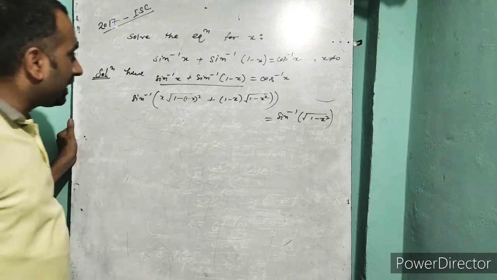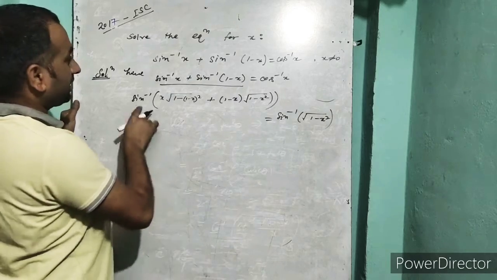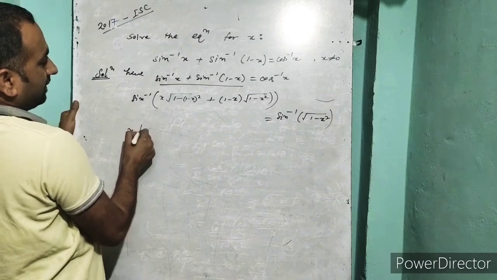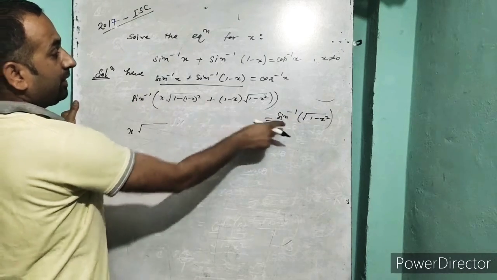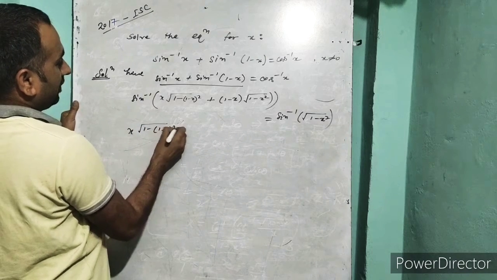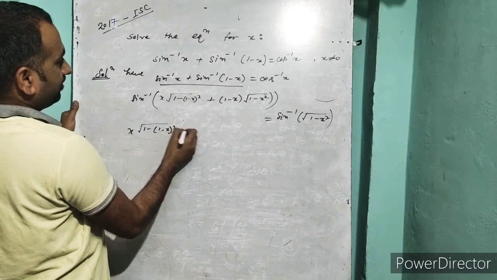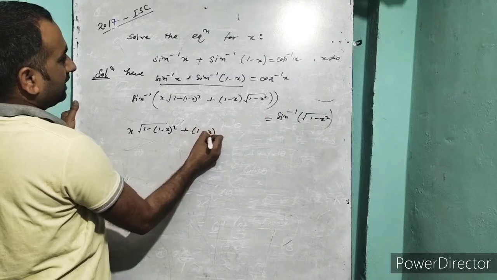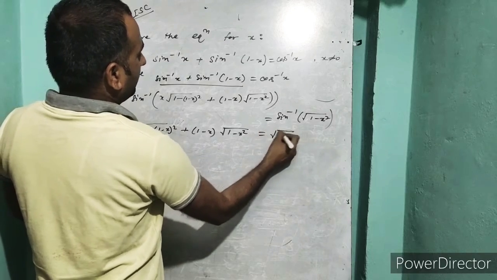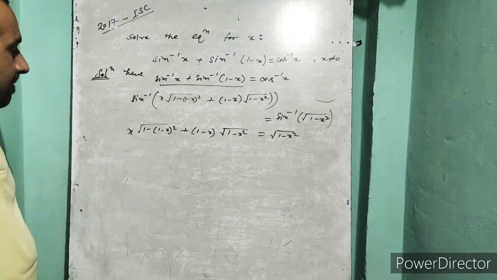So at last we have sin inverse on both sides, and both are inverse, so they can be ignored. So we have x under root 1 minus (1 minus x) the whole square plus (1 minus x) under root 1 minus x square is equal to under root 1 minus x square. Is it clear?